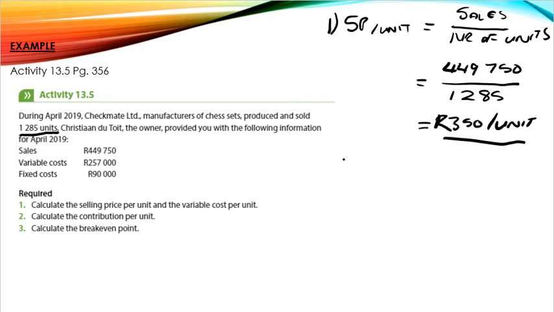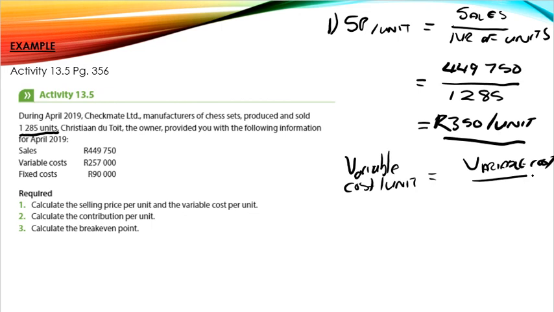So variable cost per unit is total variable cost divided by number of units, because I want the cost amount per unit.